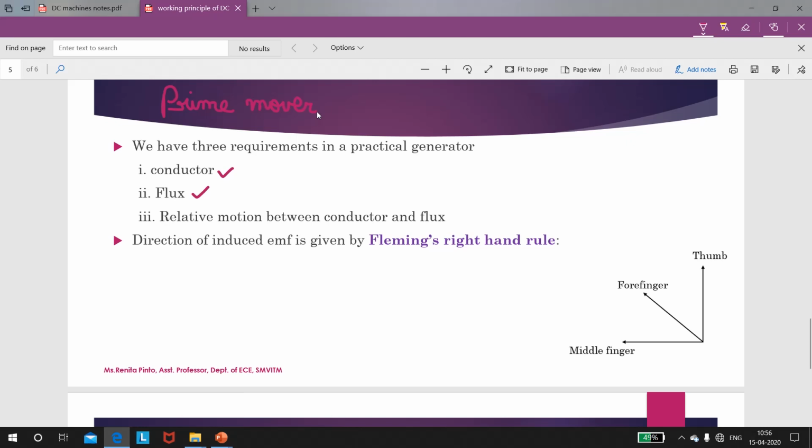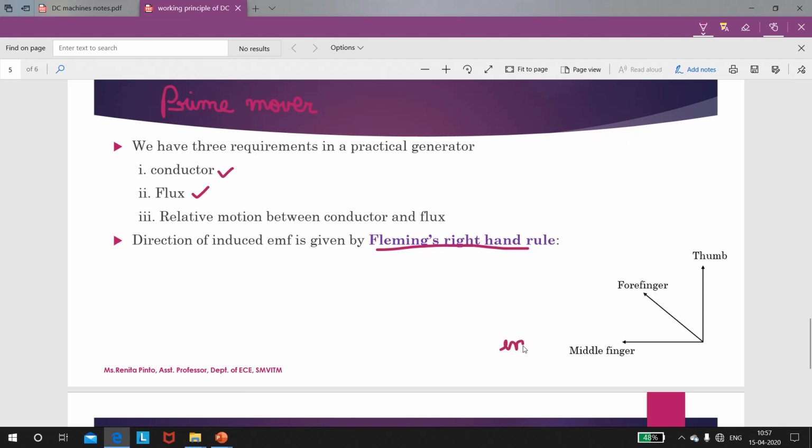Now what about the direction of the induced EMF? The direction of the induced EMF is given by Fleming's right hand rule. We have already seen this rule in the class. We will go through it again. Fleming's right hand rule states that if the thumb, forefinger and the middle finger are held perpendicular to each other, then the middle finger will give the direction of the induced EMF or the current.